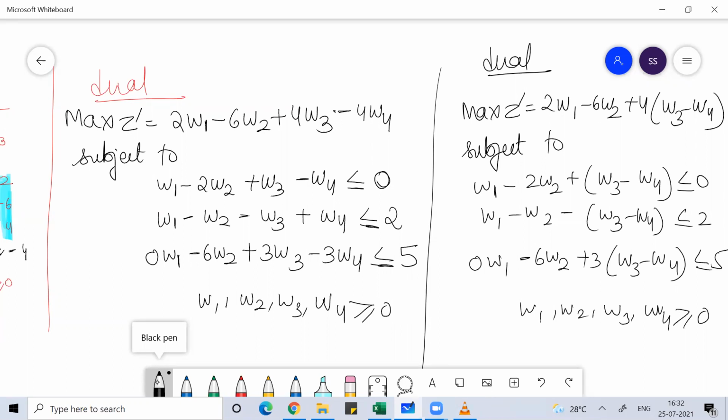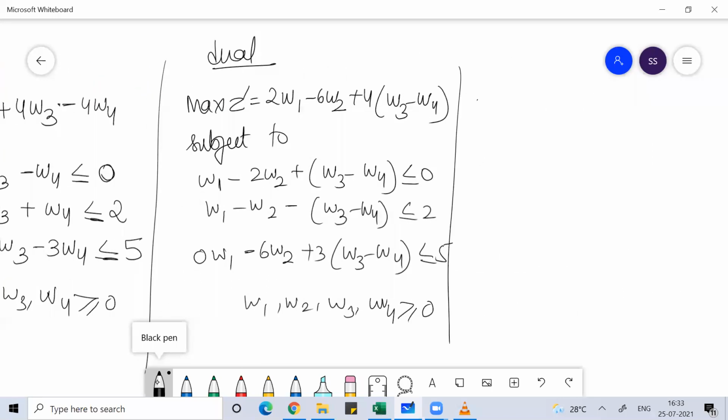So in place of w3 minus w4, I can introduce a variable w5, where w5 is unrestricted.